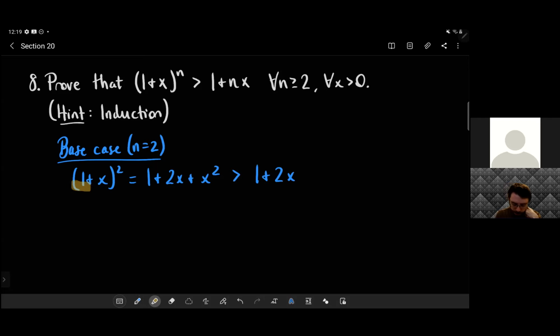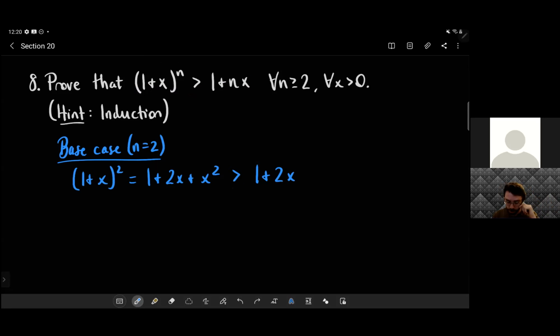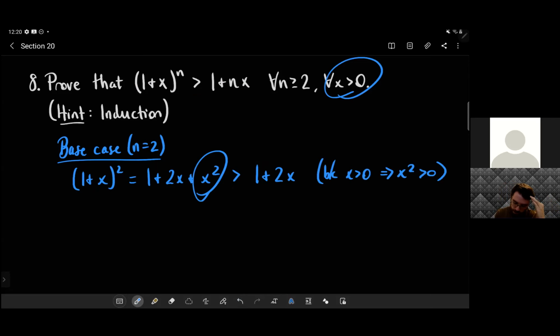Think about why that is for a second. And then I'll say, this is actually what we wanted. Putting n here, 1 plus 2x, that's 1 plus nx. So why is it true? Well, the only difference is this x squared term, but x is positive, so x squared has to be positive. So I'll just say because x greater than 0 implies x squared greater than 0. So yeah, 1 plus 2x plus something positive is bigger than just 1 plus 2x.